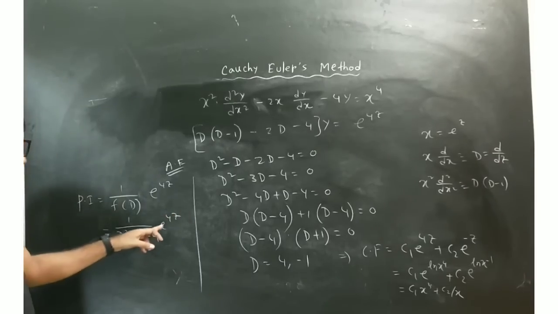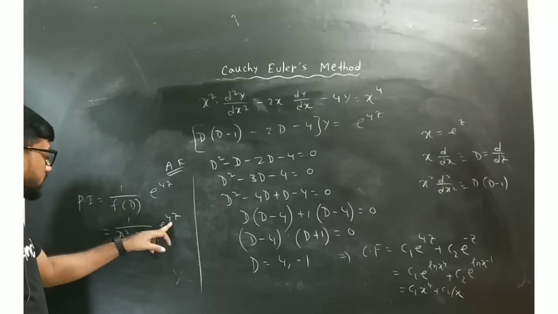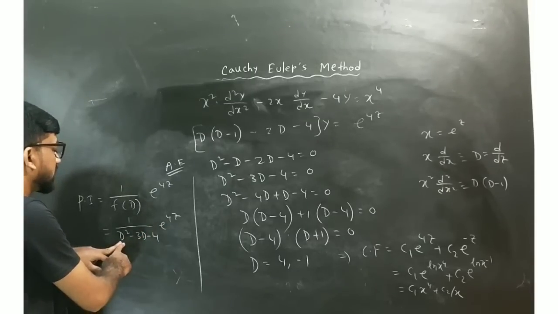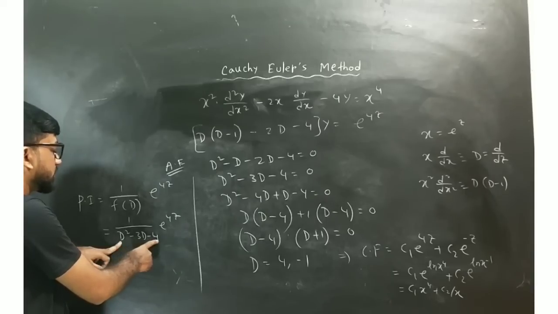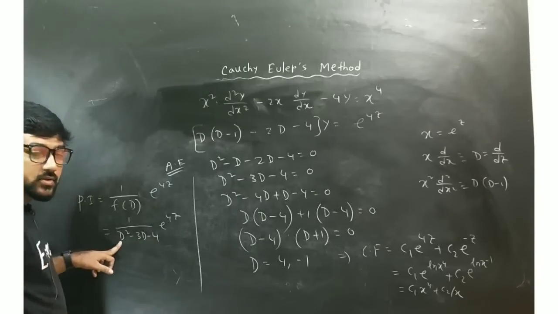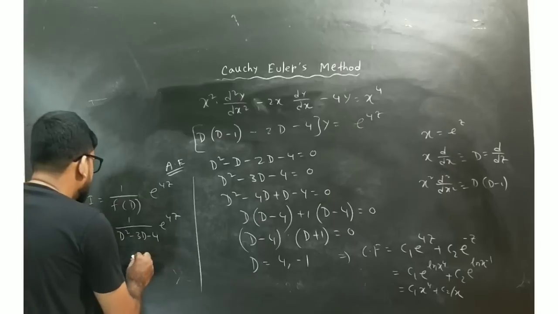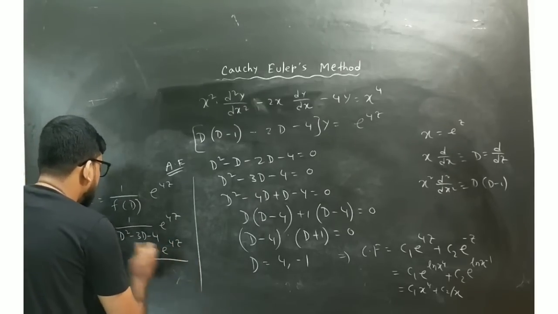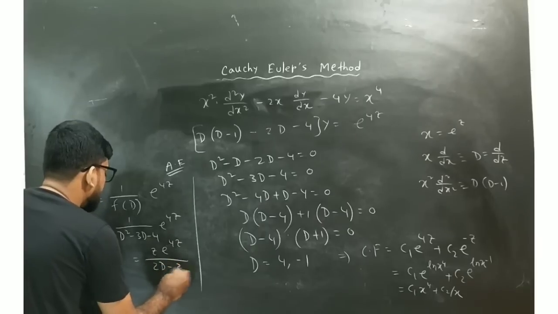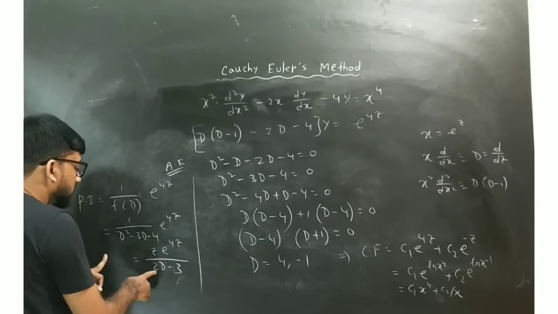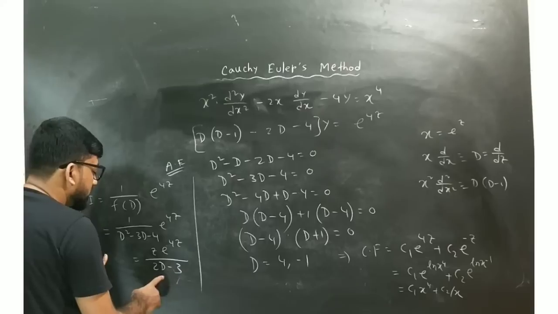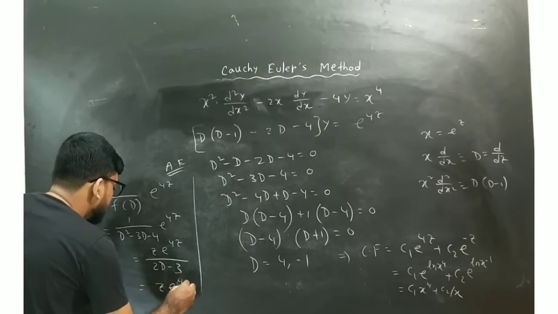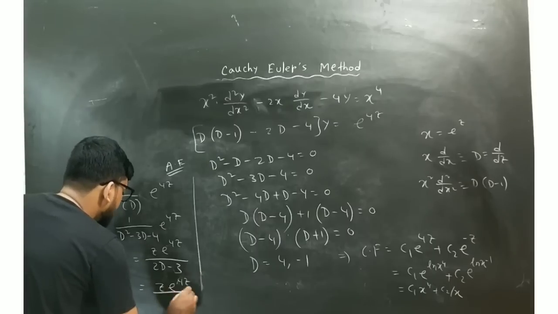Now if you put D as 4, then you get 0, that is 16 minus 12 minus 4, which is 0. So you have to take differentiation. So it will be z e to the power 4z divided by 2D minus 3. Now if you put D as 4, then it will be 8 minus 3, that will be 5. So it will be z e to the power 4z divided by 5.